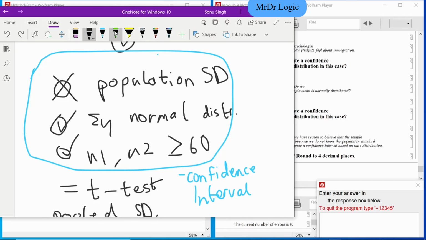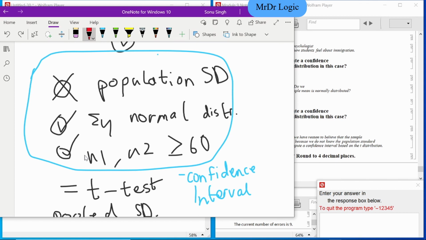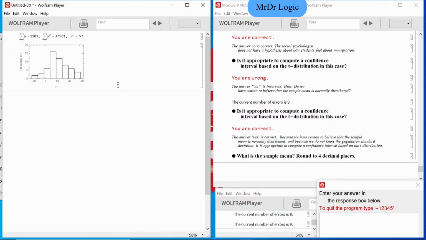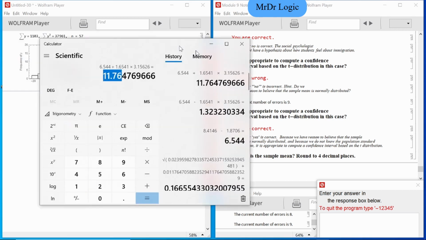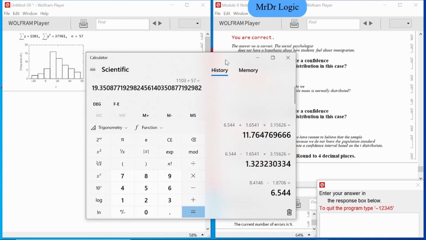Where's that? Red? There we go. What's a sample mean? Okay, that's simple. 1103 divided by 56.